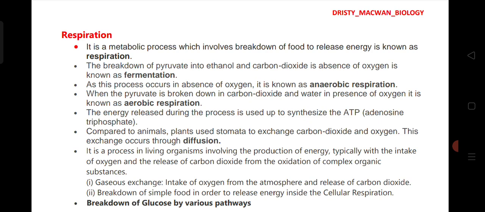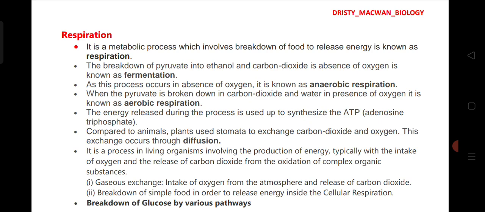That is also a form of energy, but the energy released during the process converts itself into a specialized energy known as ATP energy. And the full form of ATP is adenosine triphosphate.